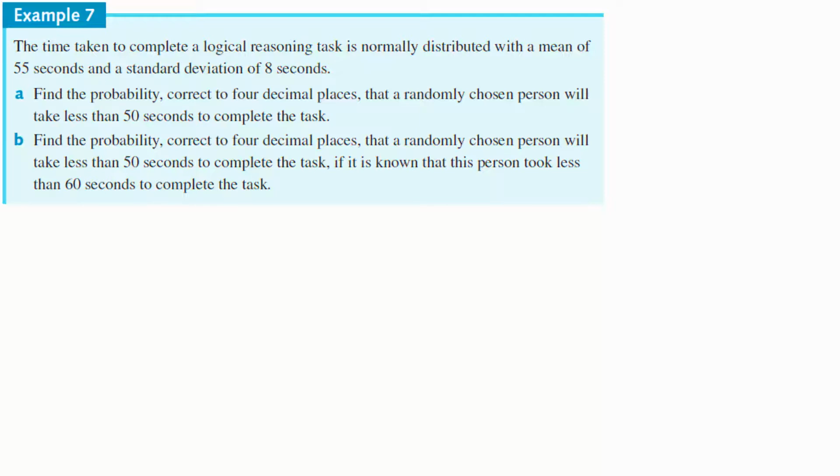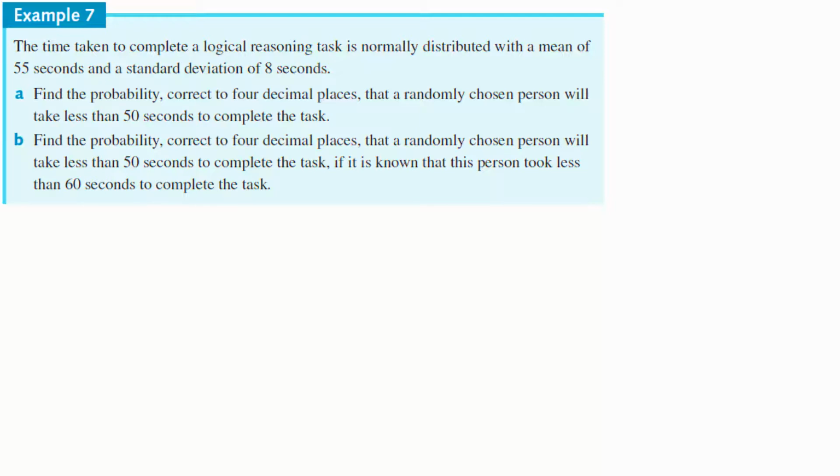They say with a mean of 55 seconds, so they told you the mean. They tell you a standard deviation of 8 seconds. So you know it's being measured in terms of time. Time is a continuous variable. So it makes sense that because it's continuous, the area under the curve is the probability, and it just so happens that this curve is a normal distribution. Okay? We've got mean 55, standard deviation of 8.